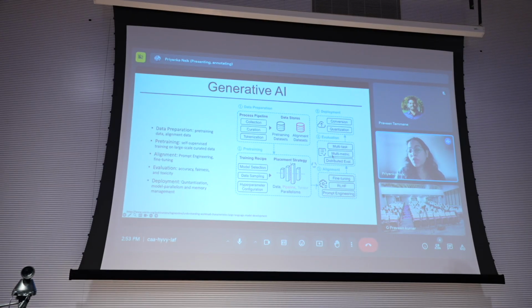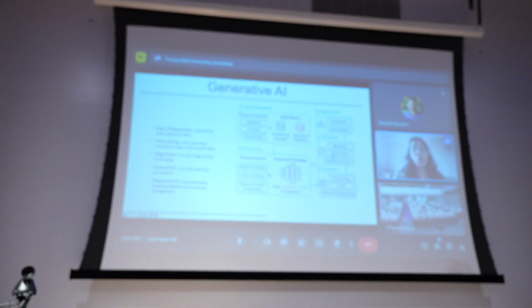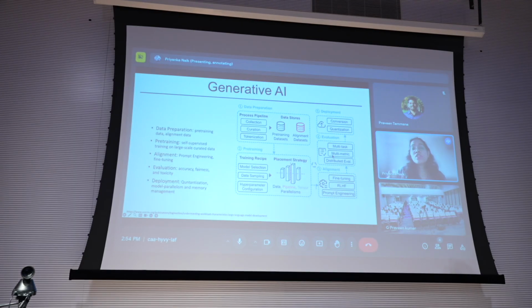And there are two ways to go about it. The first is you can change the model parameters by a technique called fine-tuning. That is, you give some specific inputs to this model, and it's trained on these parameters again. But this is not feasible every time, based on resource constraints and some other challenges.